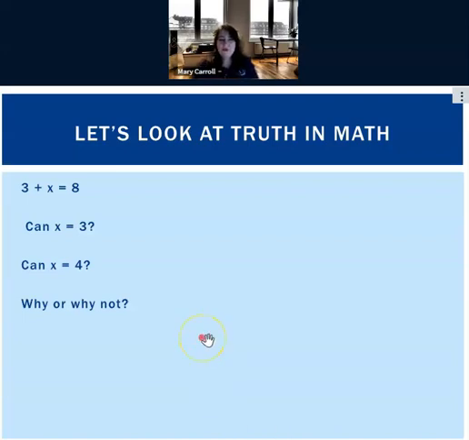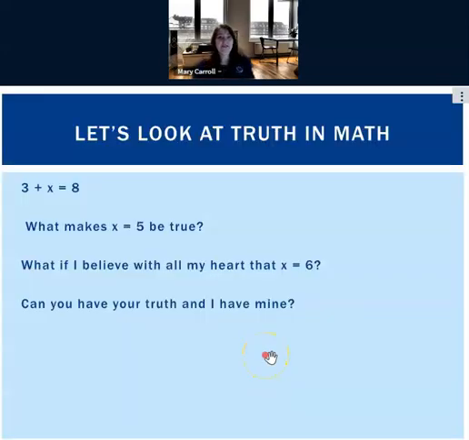Alrighty, so when we look at truth, we see something like 3 plus x equals 8. So 3 plus some number equals 8. And I wanted to ask you, can it be 3? Can 3 plus 3 equal 8? What about 4? Can 3 plus 4 equal 8? Why not? What if I believe with all my heart that 3 plus 6 equals 8?